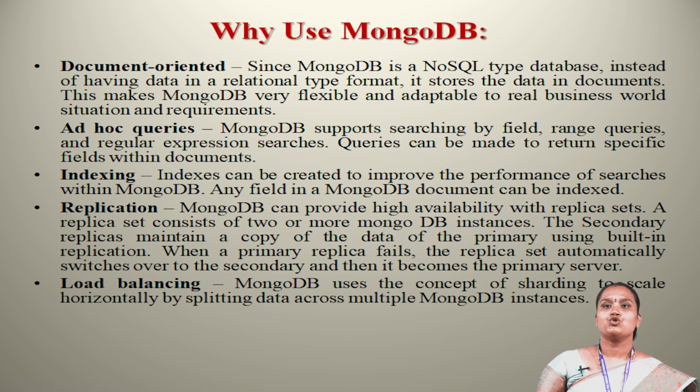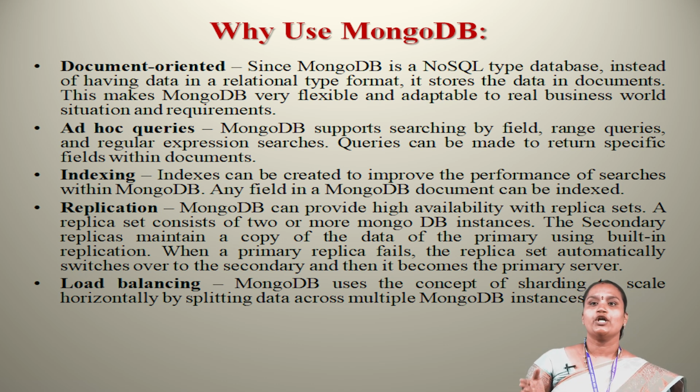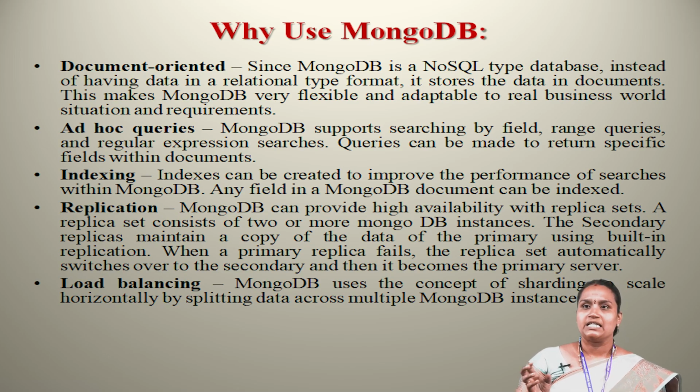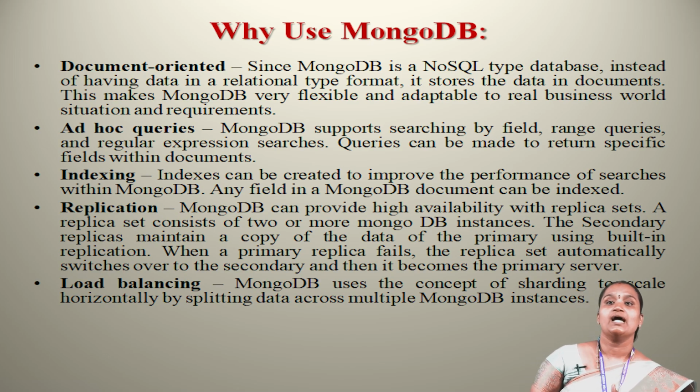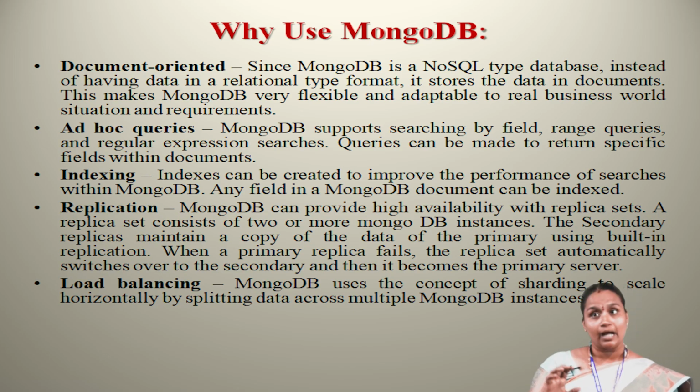Next, why use MongoDB? Document oriented. Since MongoDB is a NoSQL type database, instead of having data in a relational type format, it stores the data in documents. This makes MongoDB very flexible and adaptable to real business world requirements.